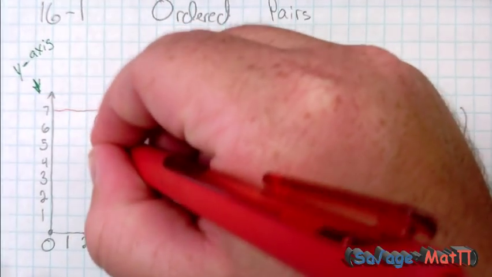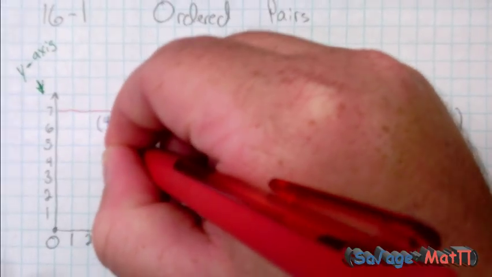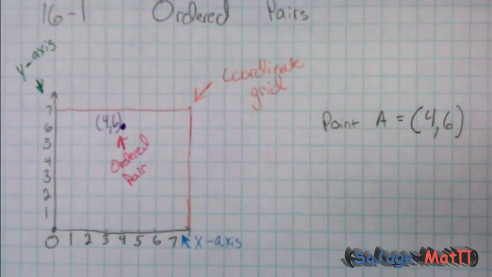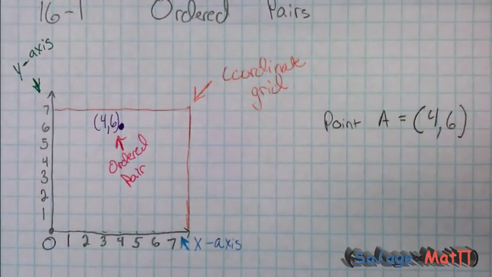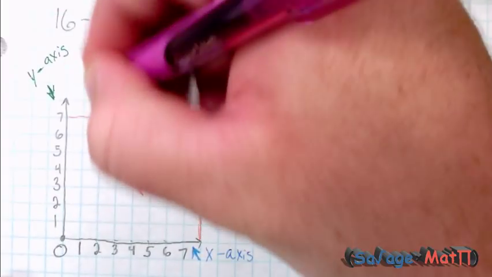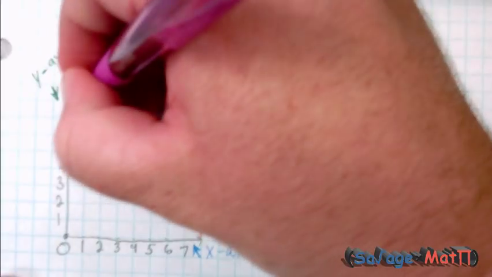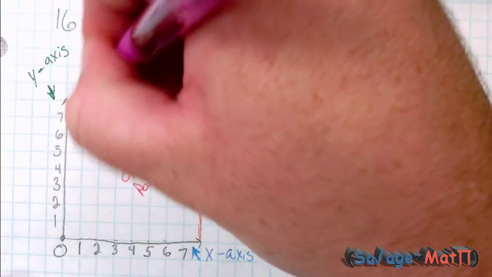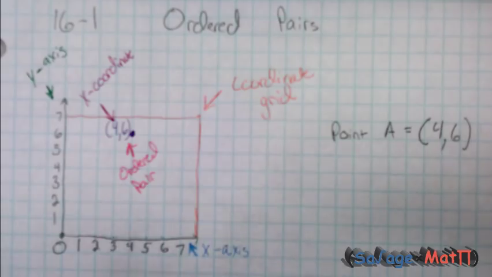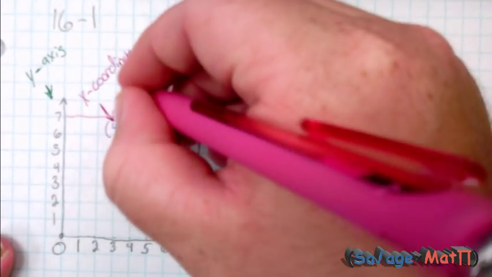And this right here is called an ordered pair. The 4 is called your x-coordinate, and the 6 is called your y-coordinate.